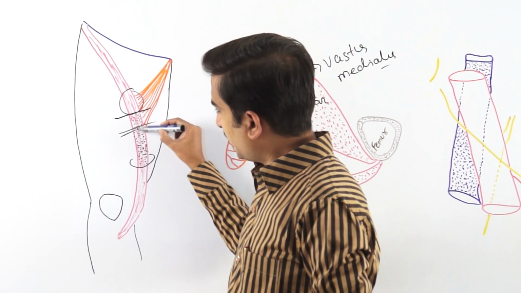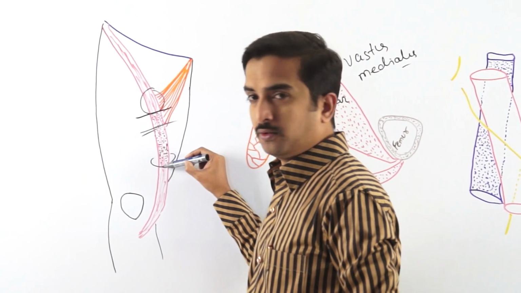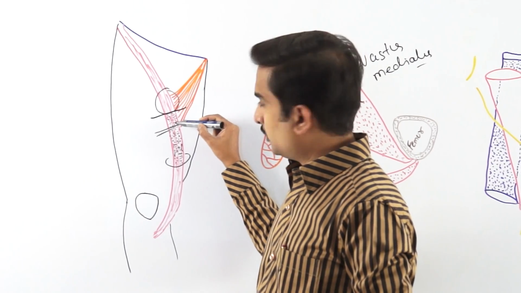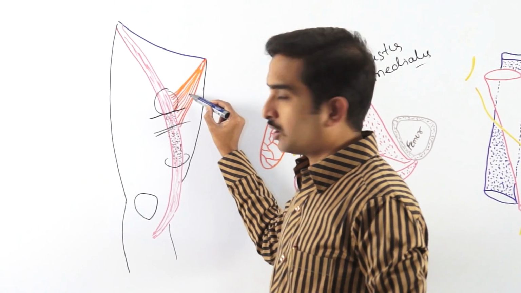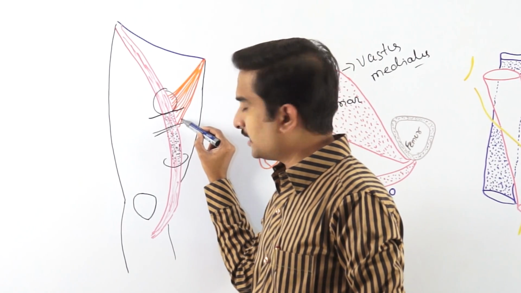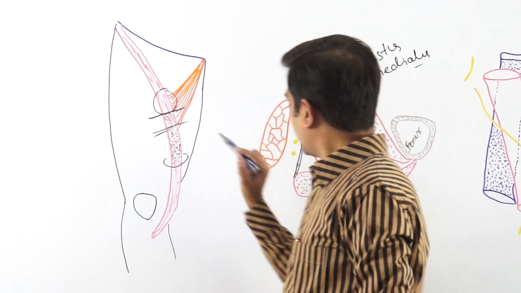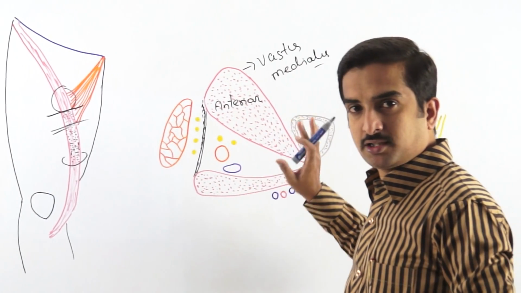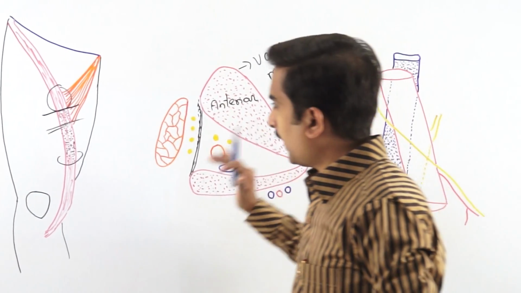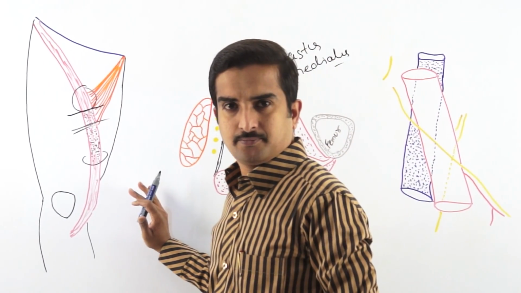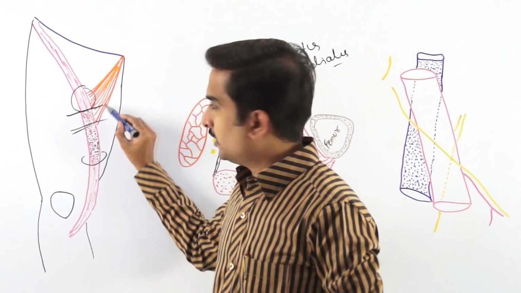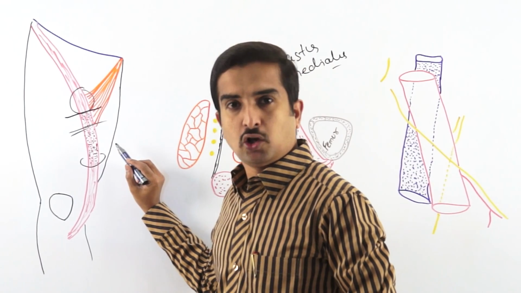I told you that this is the extension of the adductor canal from above to below, right? If you clearly see in its upper part, posteriorly it is formed by the adductor longus. Here you can see the muscle adductor longus which is passing behind the canal, right? So in this picture you are seeing the cross section of the adductor canal at the upper part of the canal, right? That is the reason the posterior wall or floor is formed by the adductor longus.